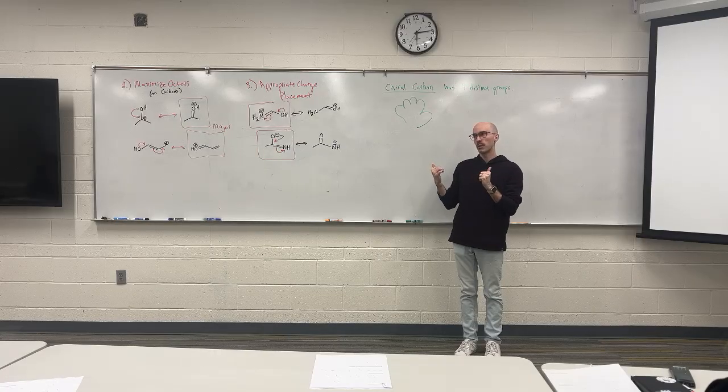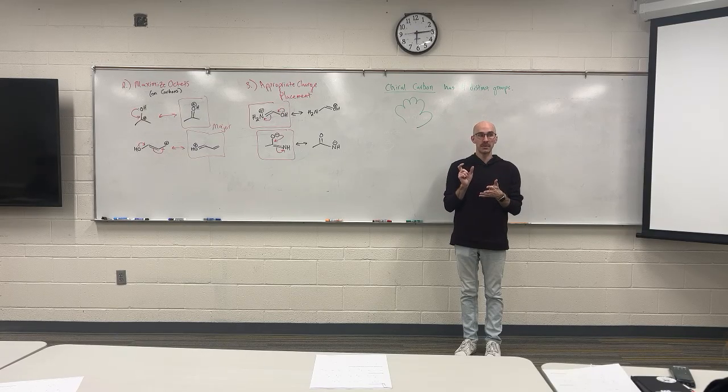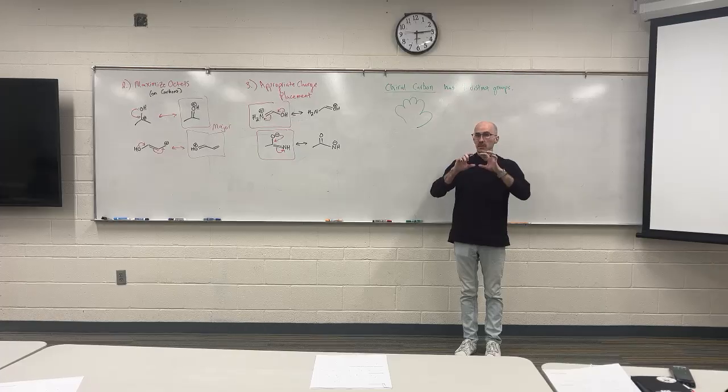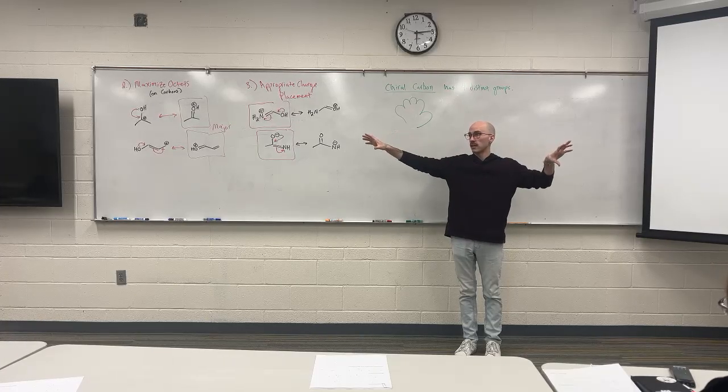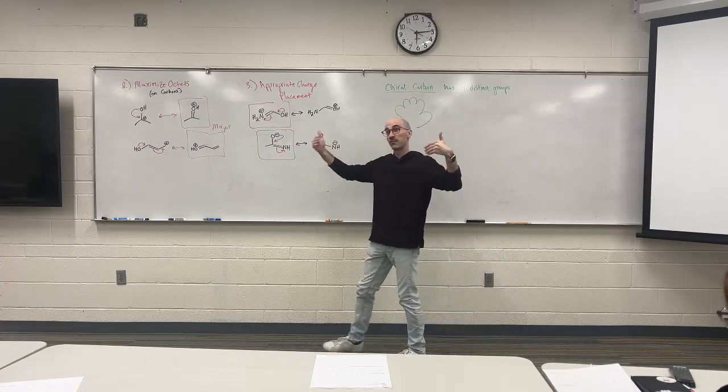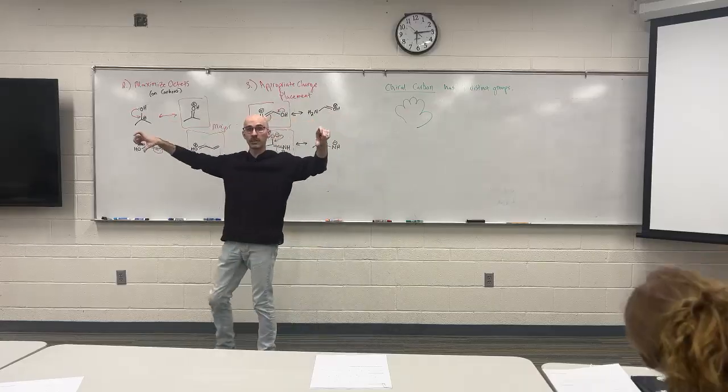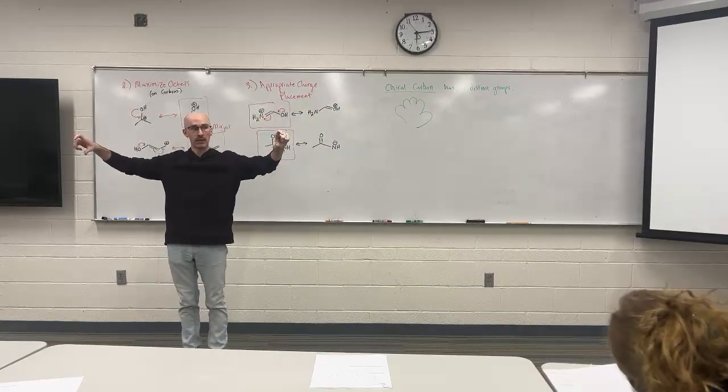With chiral carbons, what we say is prioritize the groups 1 through 4 based on their highest atomic mass at the first atom of difference. You look down those chains in those chiral carbons until you find something different and you prioritize the groups at that point.